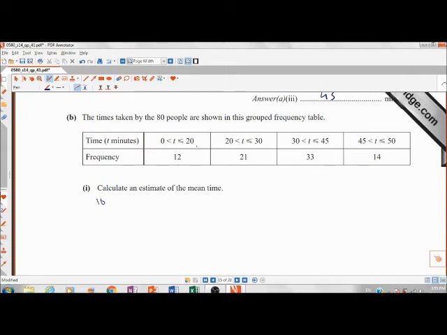Then 20 plus 30 divided by 2, that's 25 for the second. For the third, 30 plus 45 divided by 2, you get 37.5. And for the last one, 45 plus 50 divided by 2, 47.5.